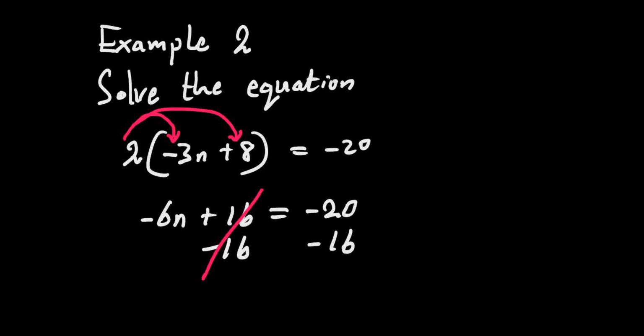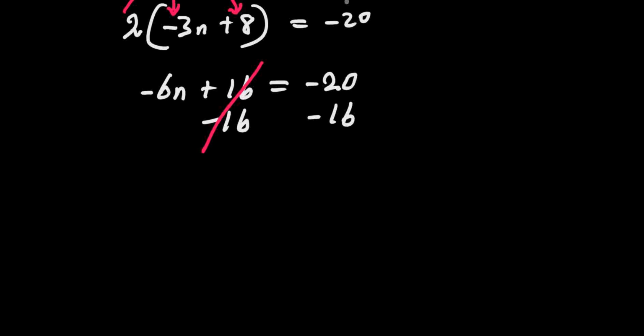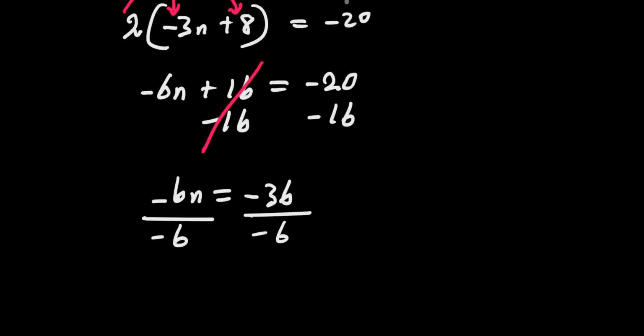So now we have negative 6n equals negative 20 minus 16. We combine both of them, that's going to give us negative 36. So now we can divide both sides by negative 6. Divide both sides by negative 6.